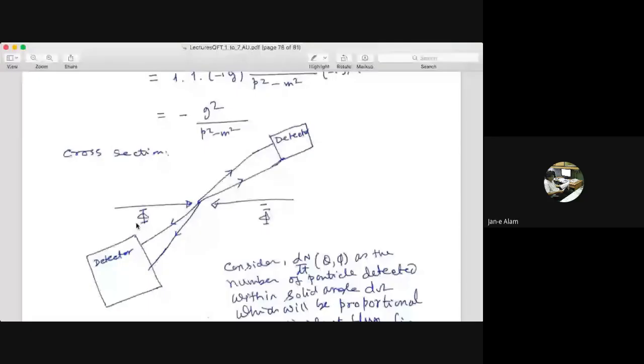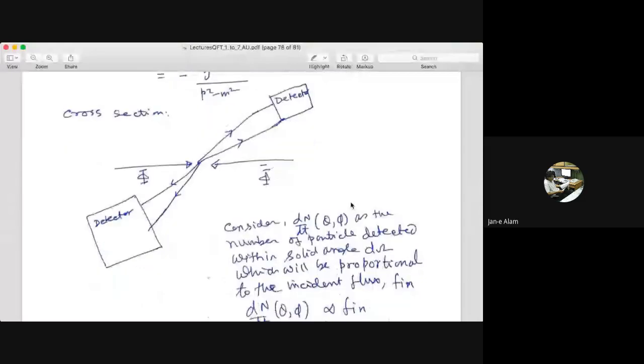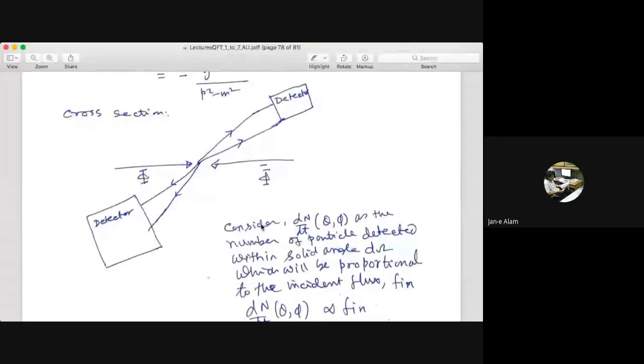Suppose, so what happens? Two particles, phi and phi bar, are coming, interacting here and producing particles. And you have detectors to detect those particles. Any detector.